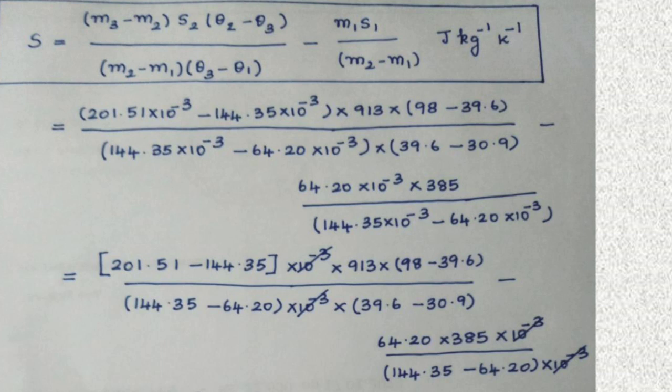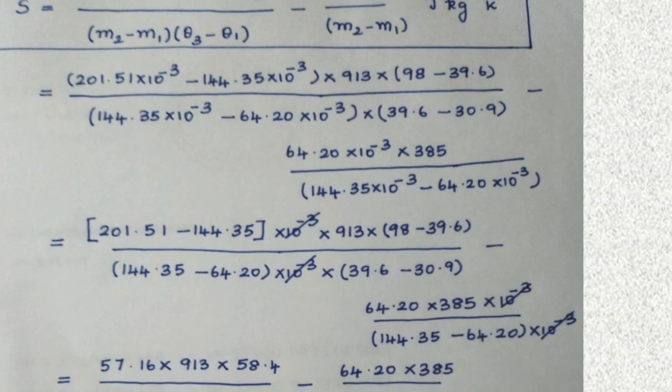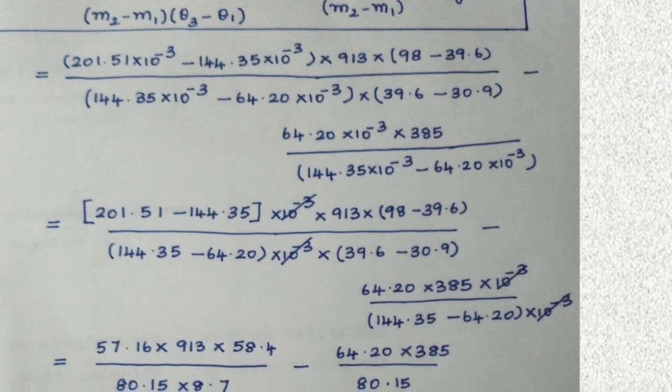In the numerator, in the first bracketed term, you can see 10 power minus 3 is common in both terms, so we can take this 10 power minus 3 outside. In the same way, in the denominator also, we have a 10 power minus 3 common in both the first and second terms, so we are taking it outside.